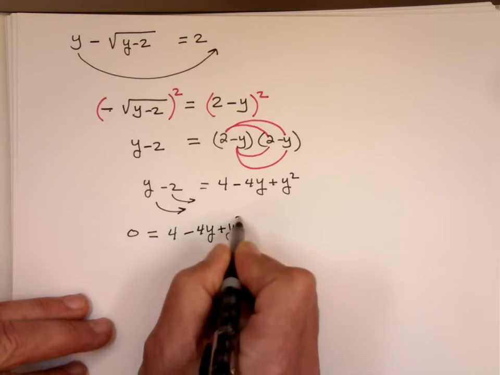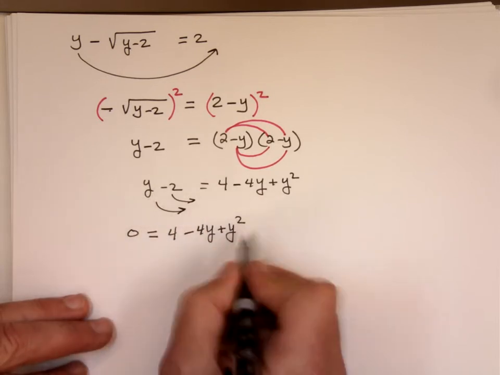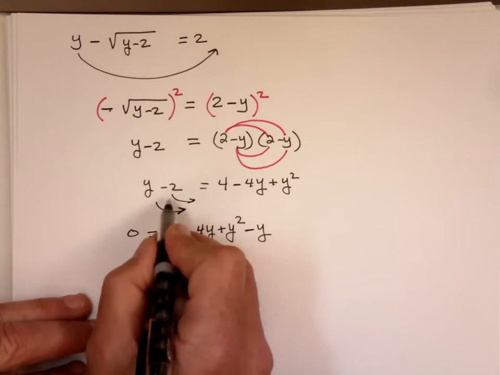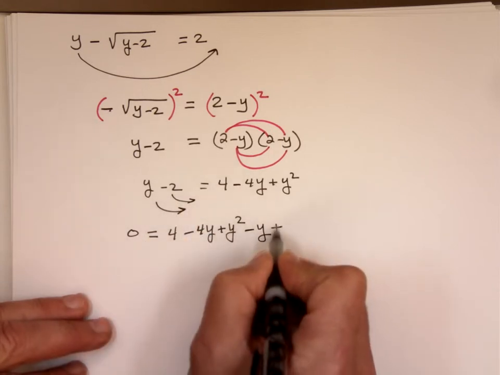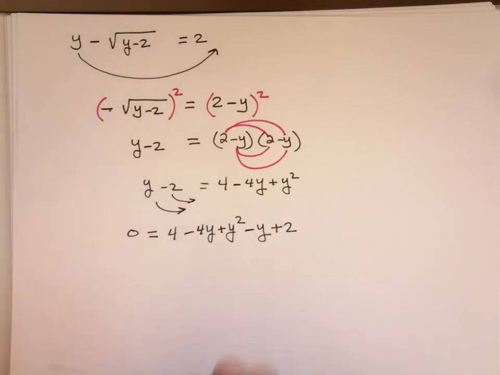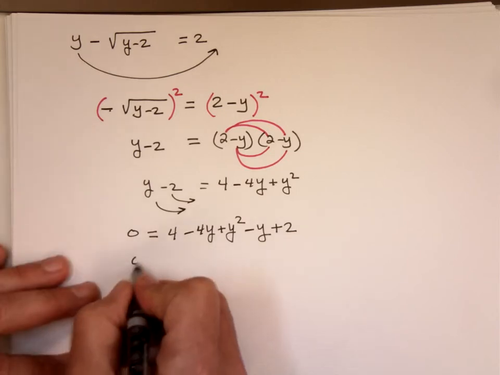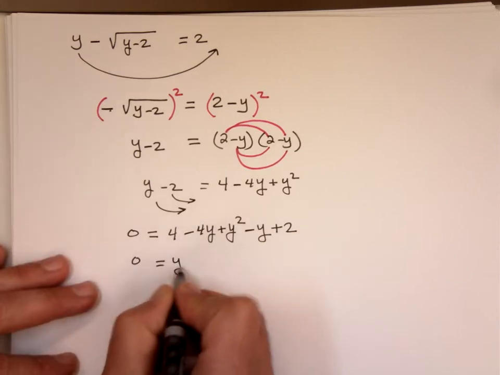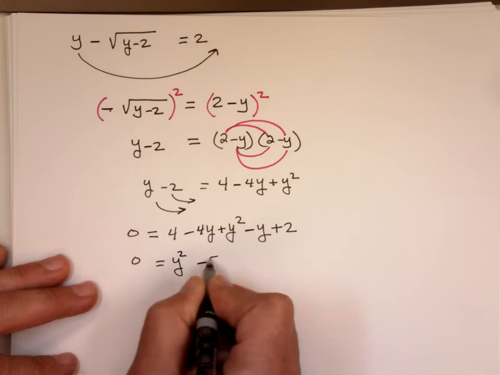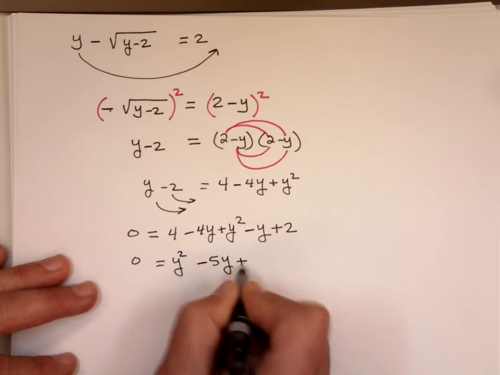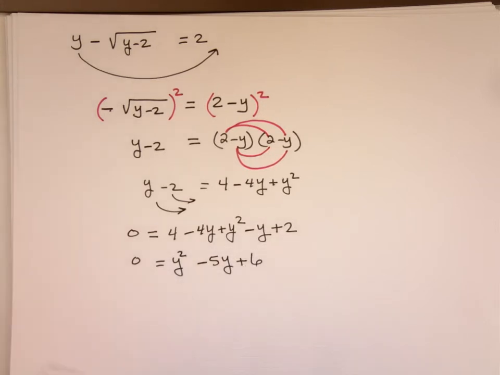Now when I bring that y to that side, it becomes a negative y. When I bring that negative 2 to this side, it becomes a plus 2. Let's clean it and reshuffle it, put them in order. That would be y squared minus 5y plus 6. Now, quadratic equation, one of the ways to solve it is by factoring.